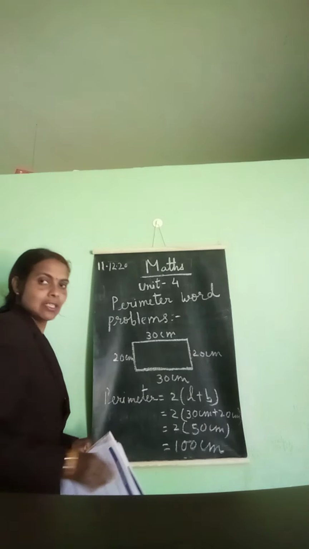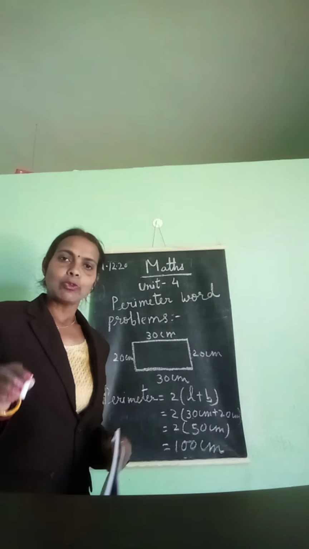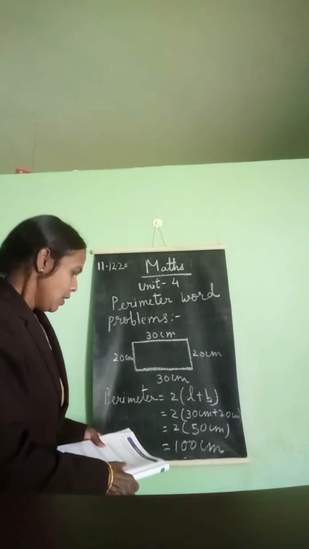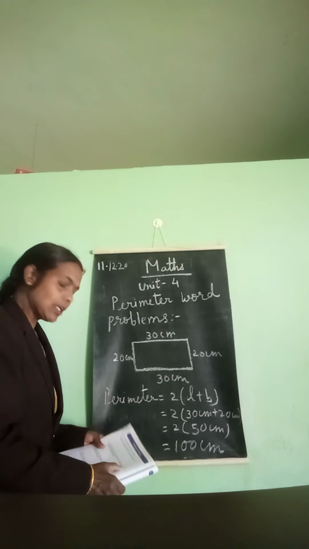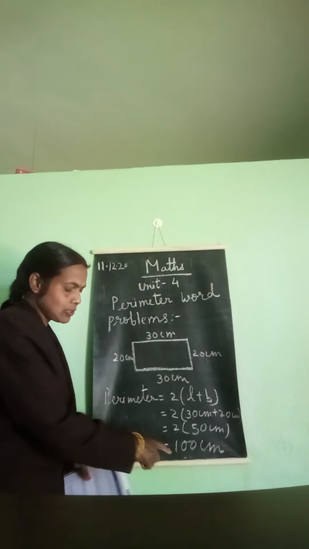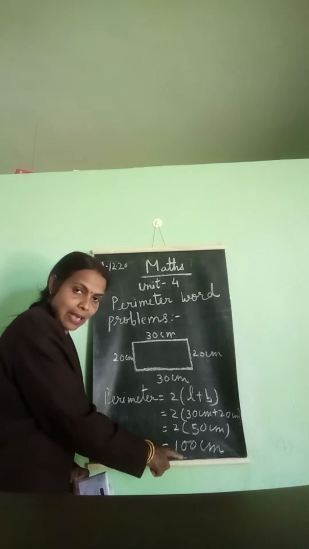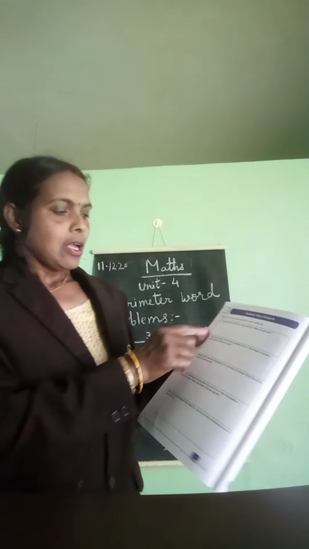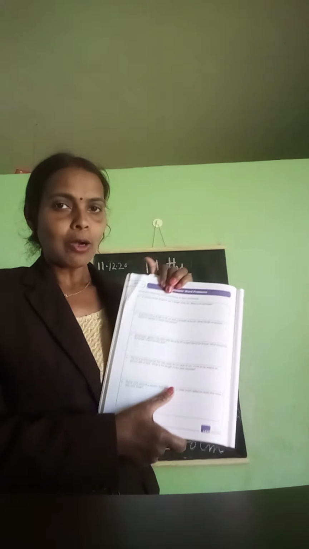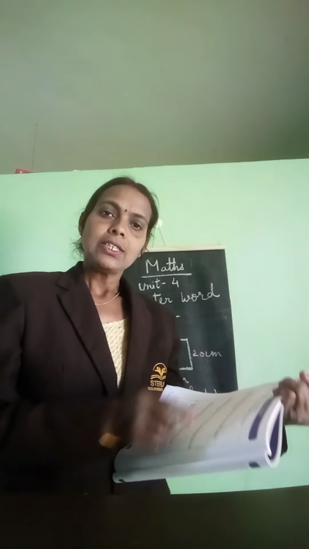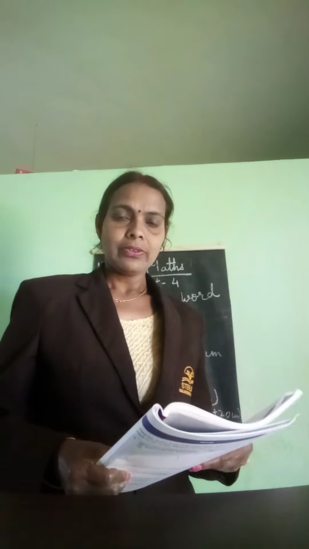So this much wooden frame is required to frame the picture. If I write it here, the length of the wooden frame needed to frame the picture is equal to 100 centimeter. So this is how you have to solve the problem. I have told you how to solve A and B, and C, D, E you have to do yourself.